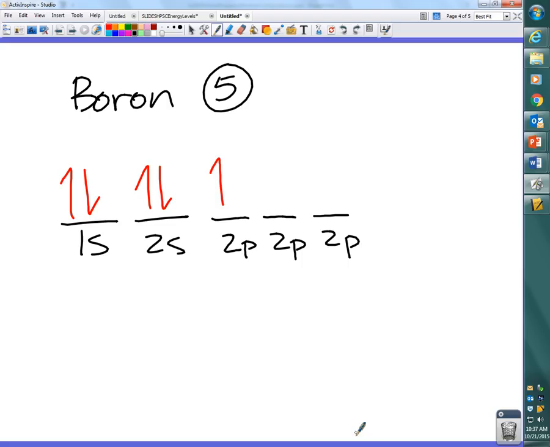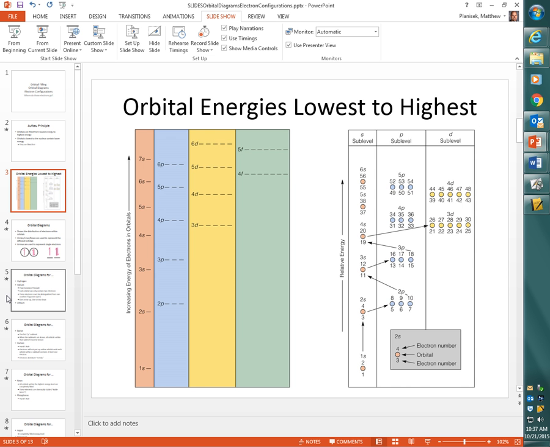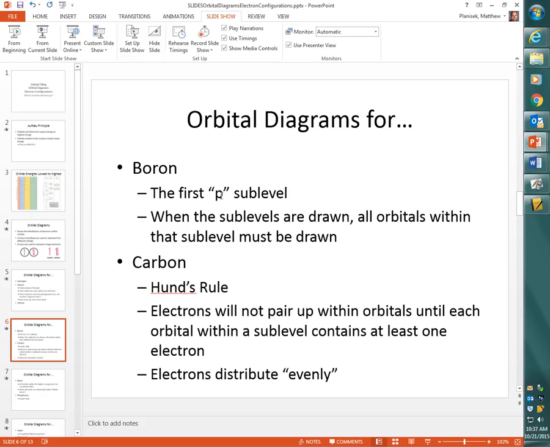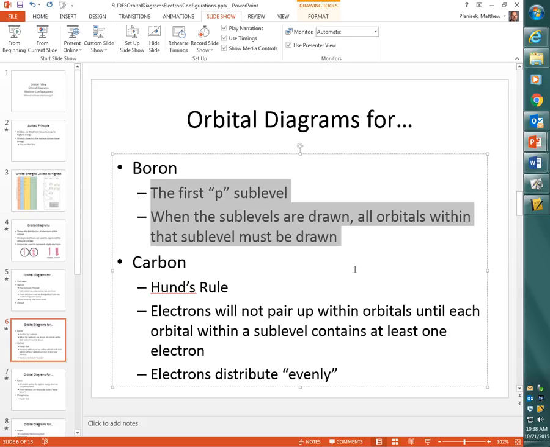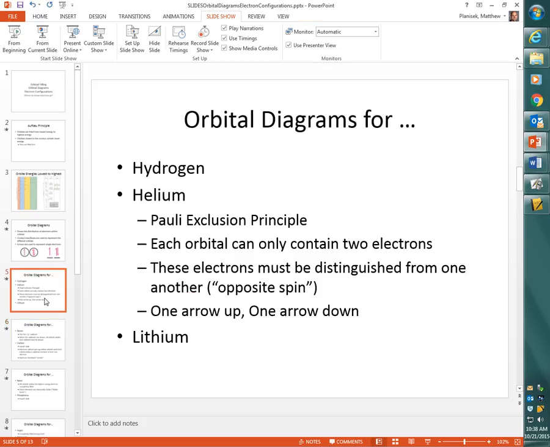Oh, it's the first p sublevel, okay? So on your outline, when we get to boron, that brings us to the first p sublevel. And when sublevels are drawn, all orbitals within that sublevel must be drawn.